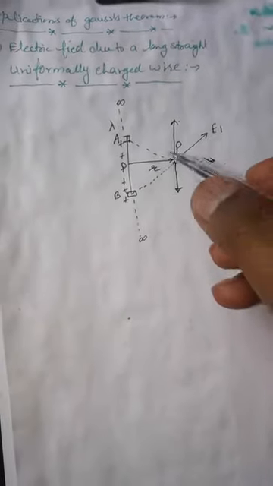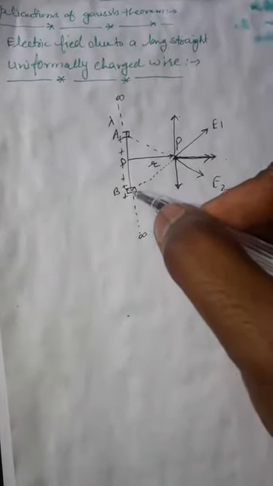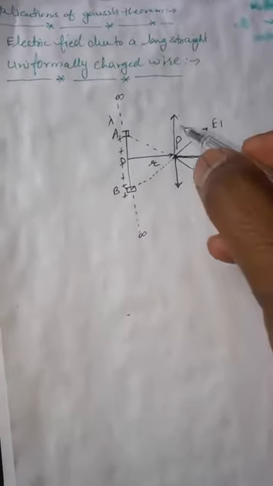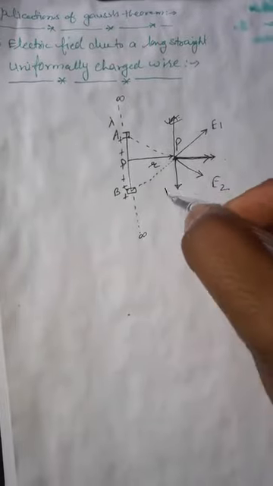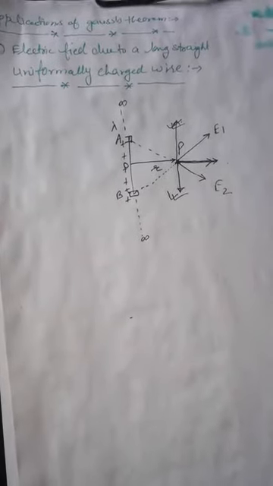As point P is equidistant from points B and A, E1 and E2 are equal, and hence the vertical components are equal and opposite to each other, and cancel the effect of each other.